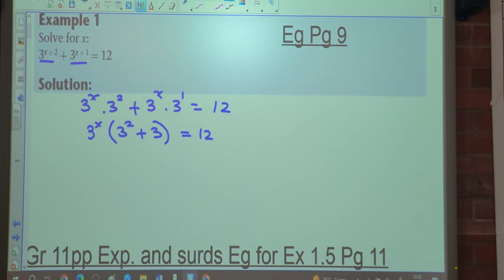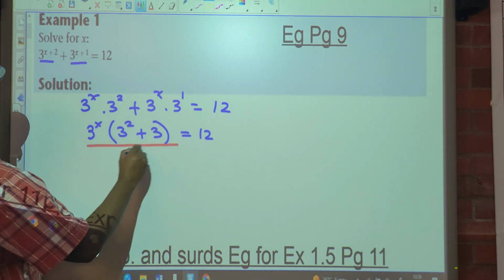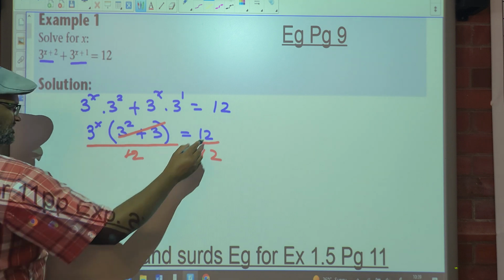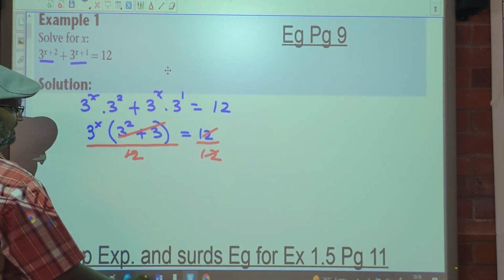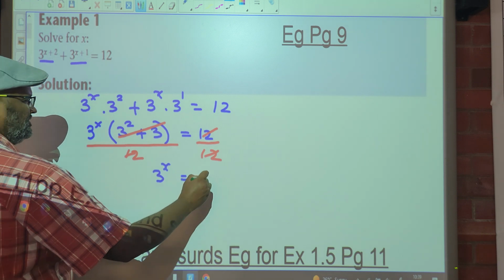So what is 3 squared plus 3 equal to? 12. So divide by 12 both sides. Of course that cancels. That gives us 1. So that means 3 to the x is equal to 1.